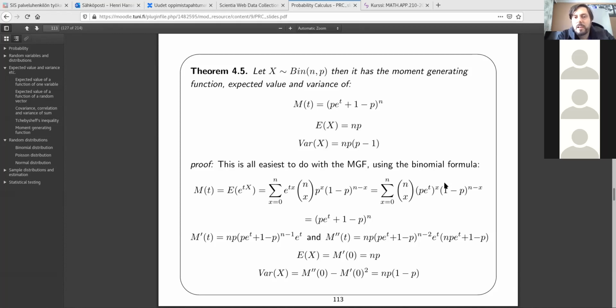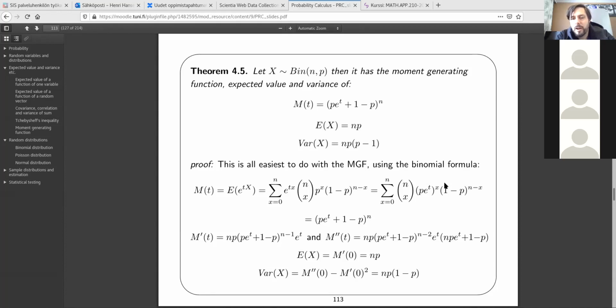It's got expected value n times p, which doesn't seem all that surprising, because if you do an experiment n times, each of these has probability p of being successful, so n times p is the expected number of successes. It's not that hard. The variance, on the other hand, is n times p times 1 minus p.